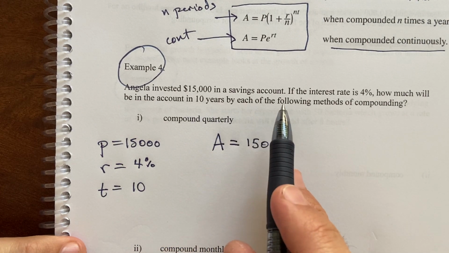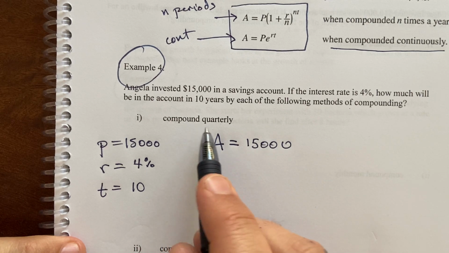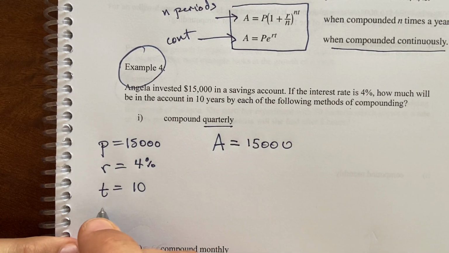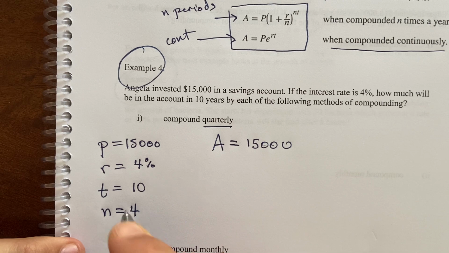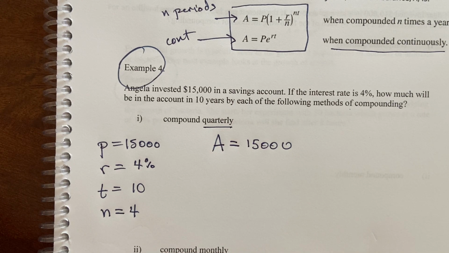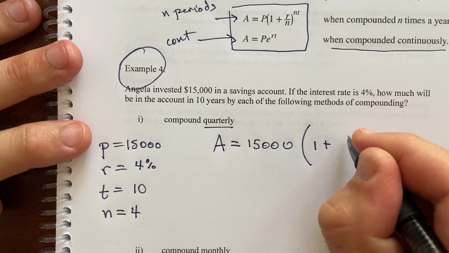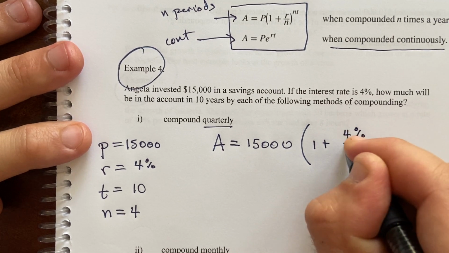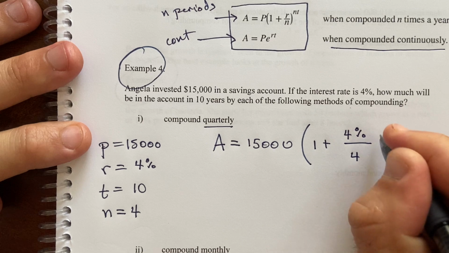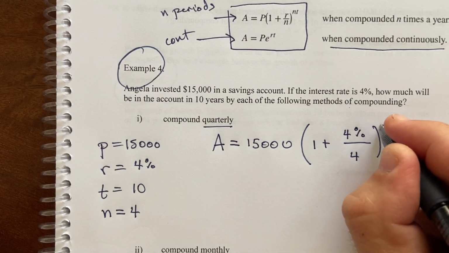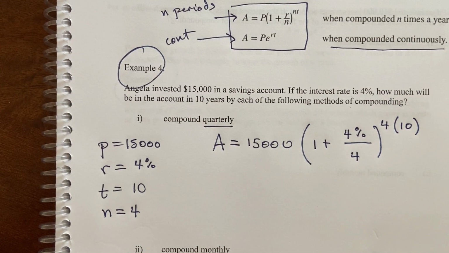So I'm just kind of identifying everything. And then for this first case, since it's quarterly, that means N will be 4, since there's 4 quarters in the year. So I'll have 15,000 times 1 plus 4% over 4, raised to the 4 times 10.